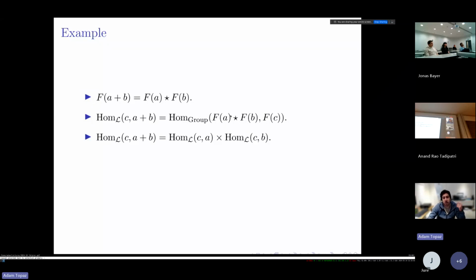In other words, a morphism from a free product of two groups to some other group is the same thing as giving a morphism from each component to the group. In other words, the free product is the coproduct in the category of groups.